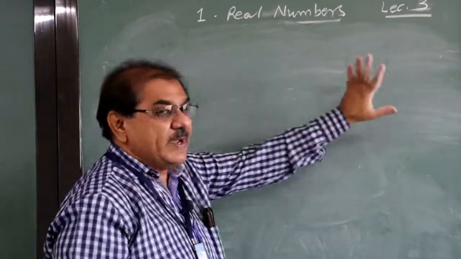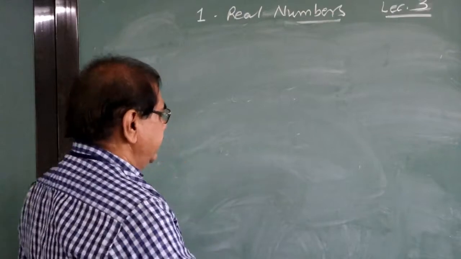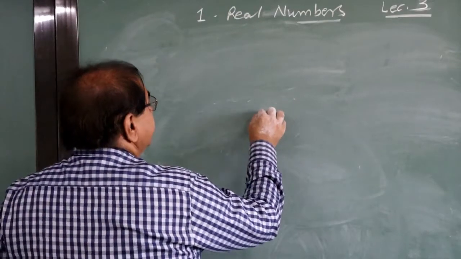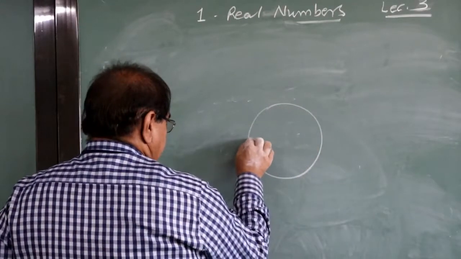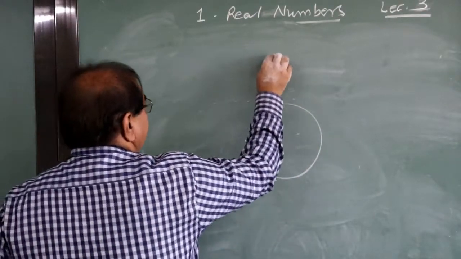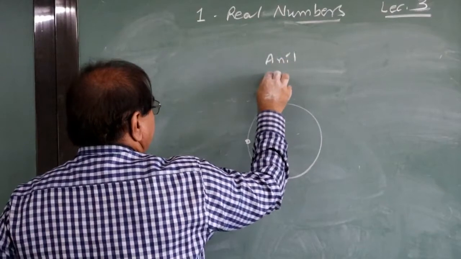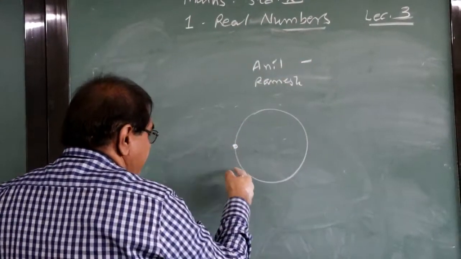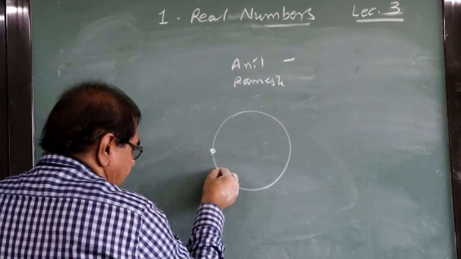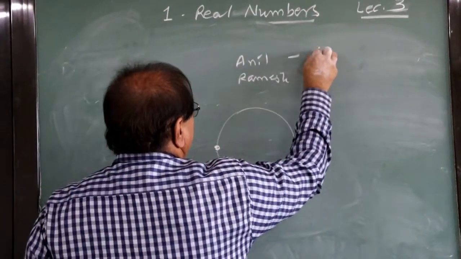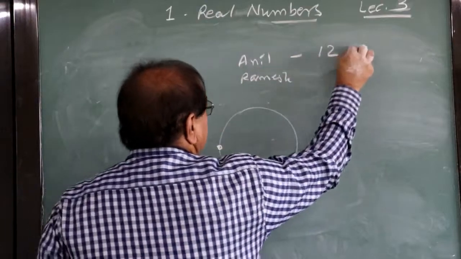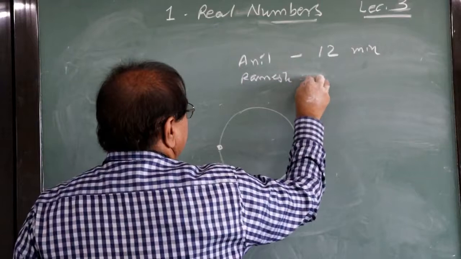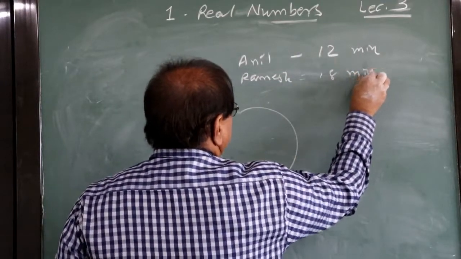So, out of lectures 2 and 3, I make one question for you, and that will be the last topic for today. Suppose there is a circular ground. It is the beginning. Two friends, Anil and Ramesh. Anil can complete running on the circular path and come back to the original place in 12 minutes, and Ramesh does the same thing in 18 minutes.